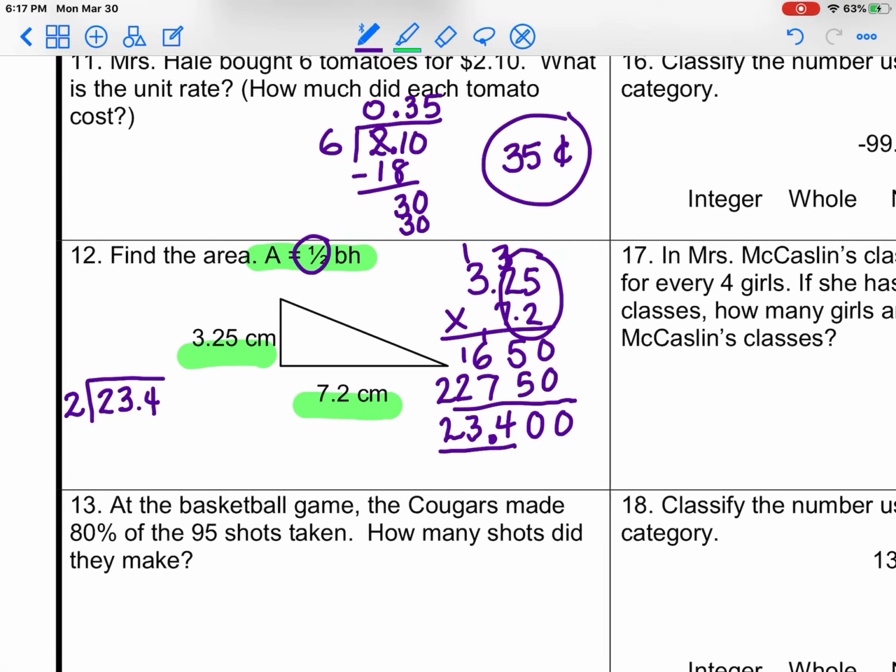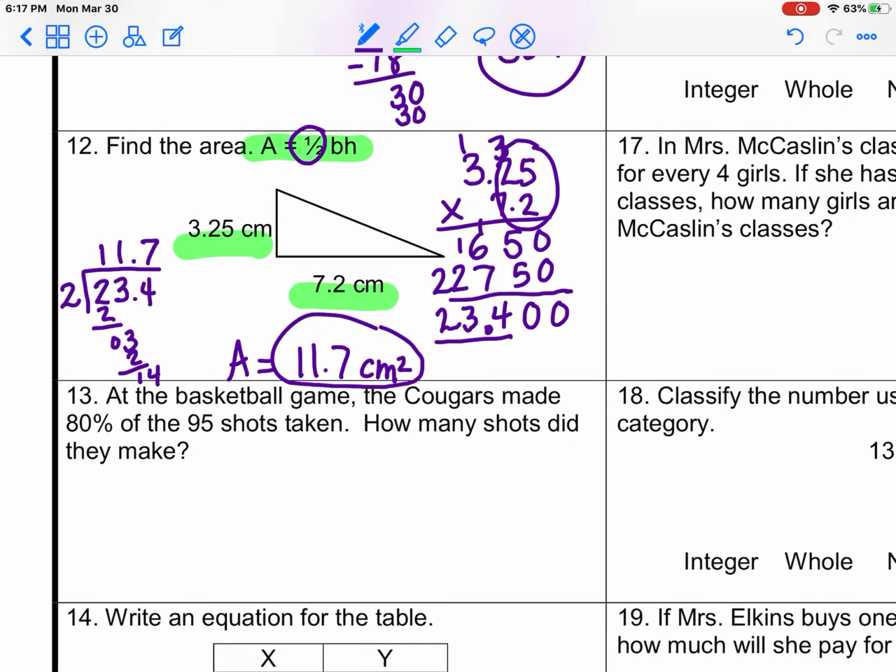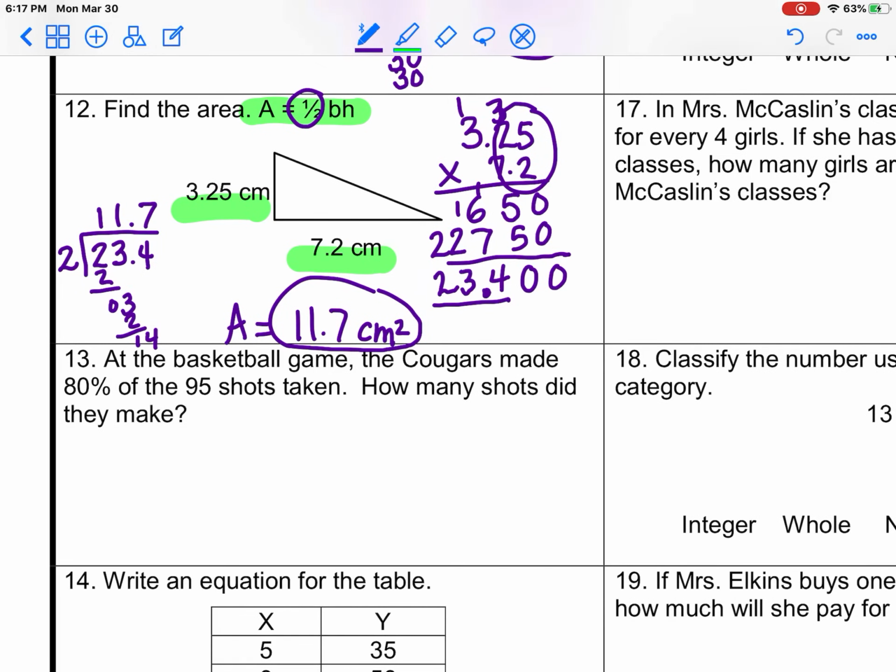And I'm going to multiply it by a half, which is the same thing as dividing by 2. 2 goes into 2 one time, with nothing left over. 2 goes into 3 one time, with 1 left over. And 2 goes into 14 7 times. So the area of this triangle, 11 and 7 tenths square centimeters. Don't put the labels in the Google form because it'll probably count it wrong if you do.